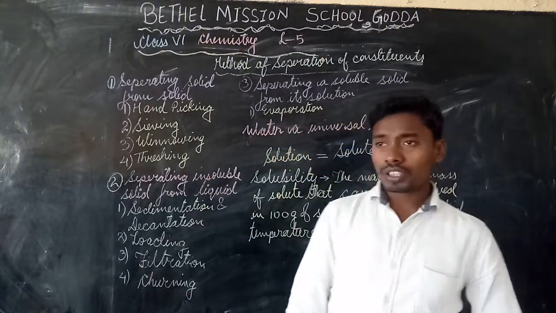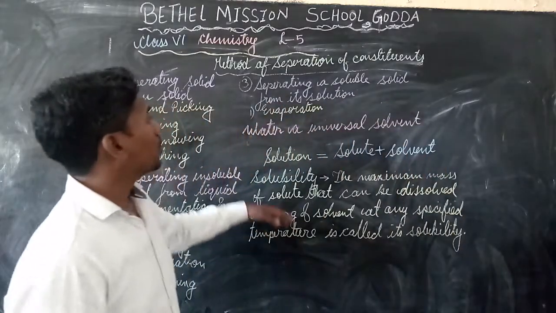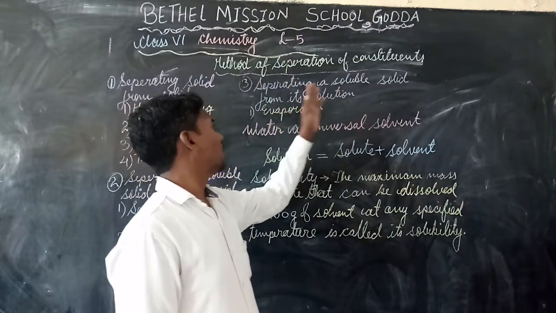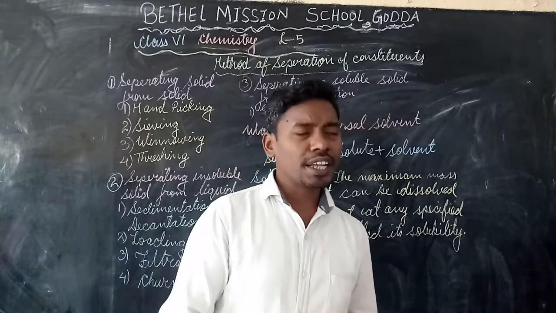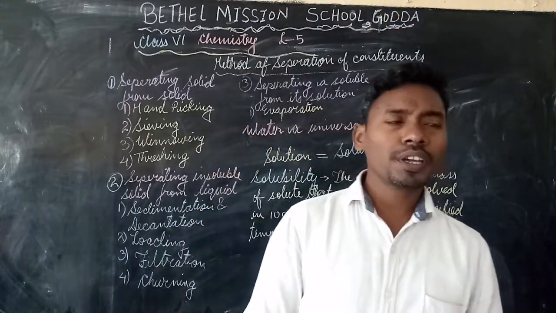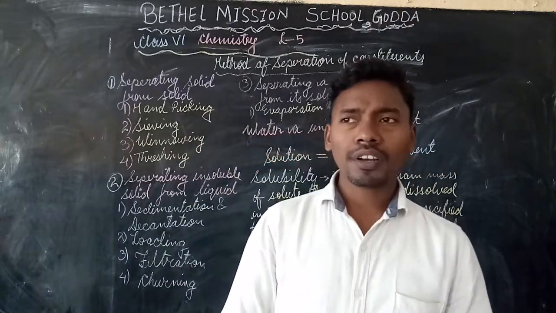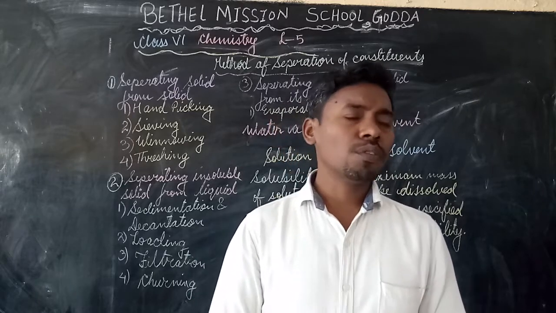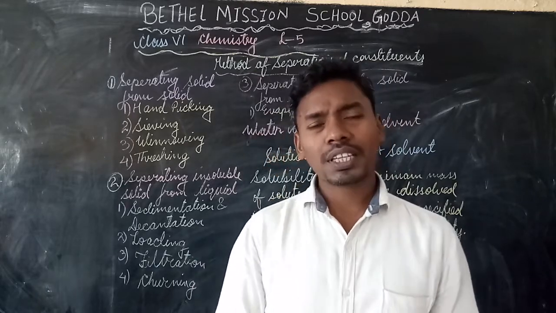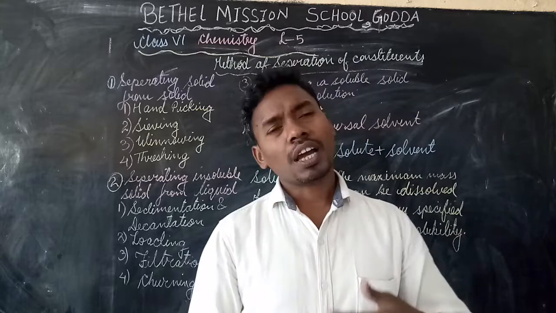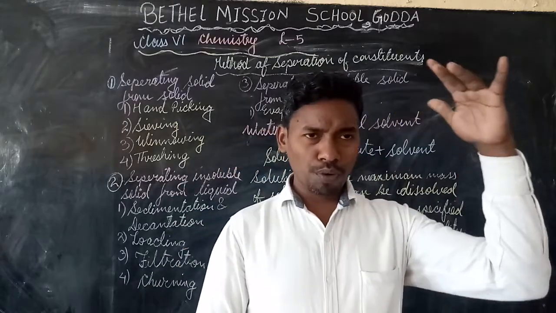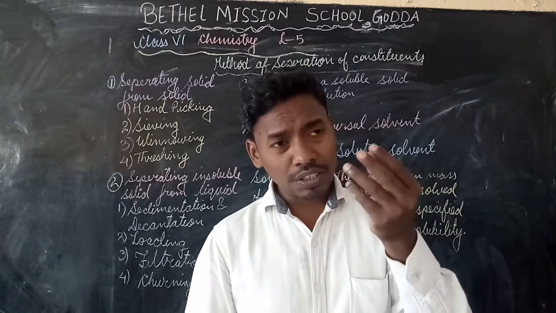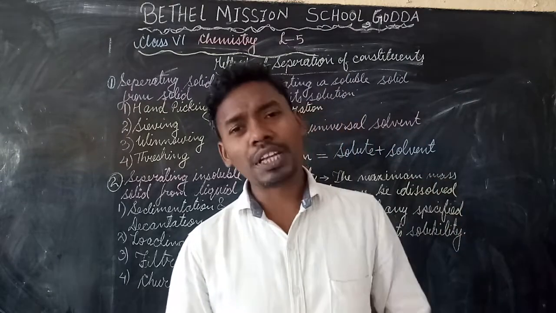Now the third process is separation of soluble solid from its solution. If a solid has to be separated from a liquid, then what can we do? The only thing is that we evaporate the liquid, and the solid which has been dissolved remains there.